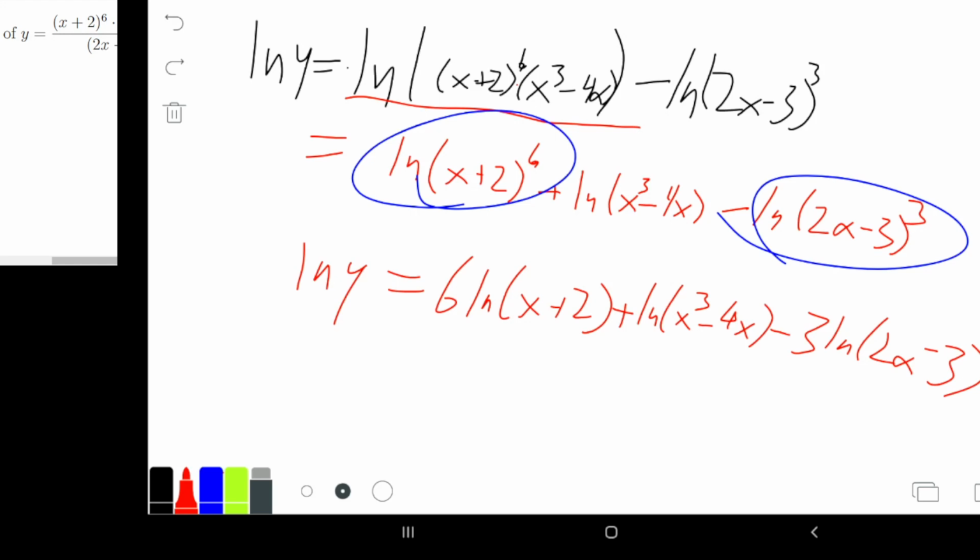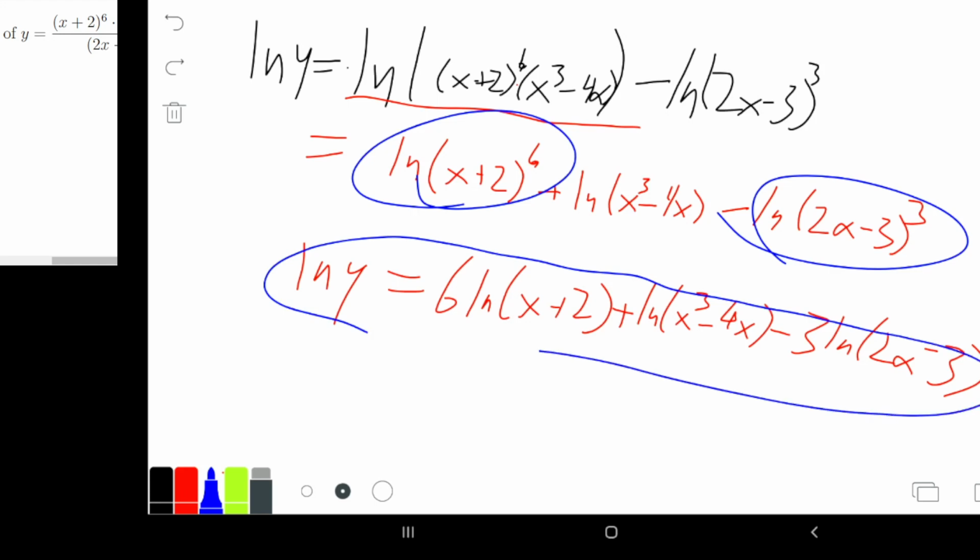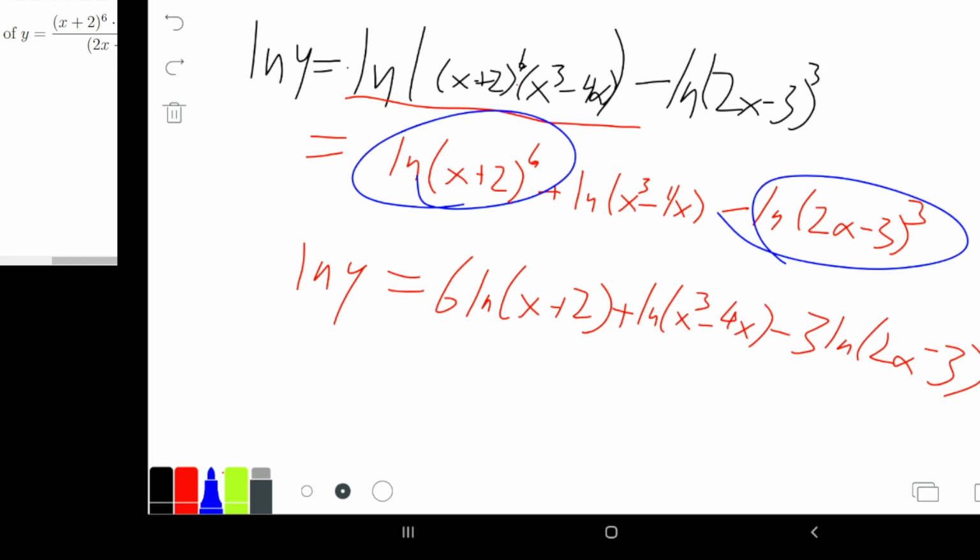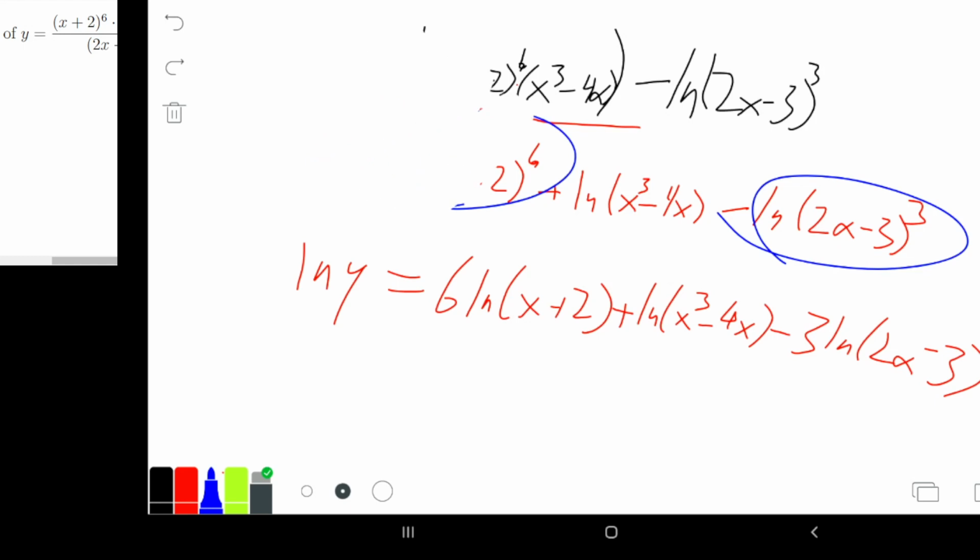All right? And this now is what I take the derivative of using logarithmic differentiation. The derivative of the natural logarithm of a function is just the derivative of that function divided by the given function.